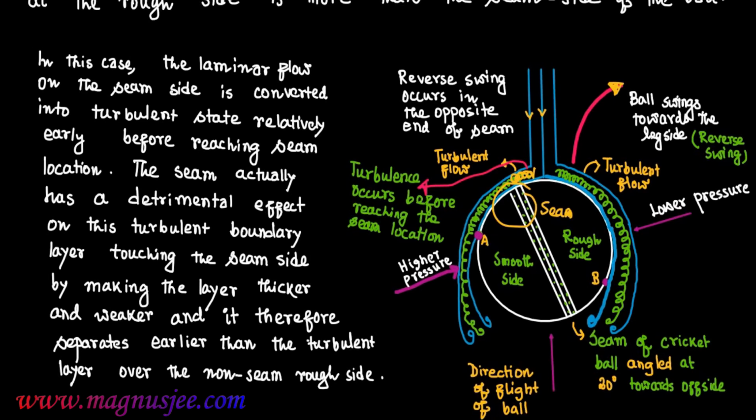So this is the weak turbulence state on the seam side, and on the right-hand side turbulent flow is strong.